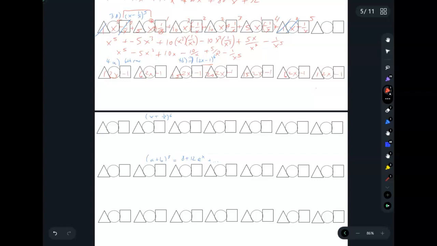And then I put the powers. So remember, I start with the 6 this time and work my way down to 0. And then I start from 0 and work my way up. And then I cross out things that are 1.